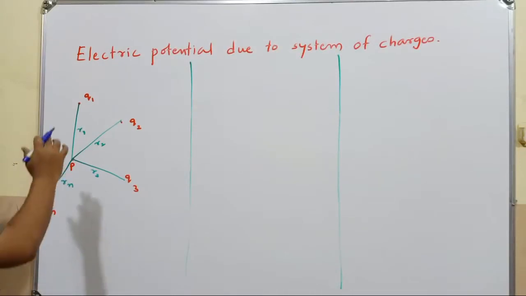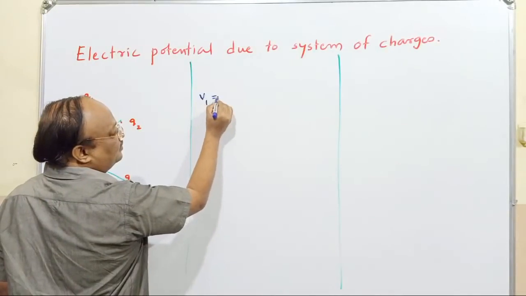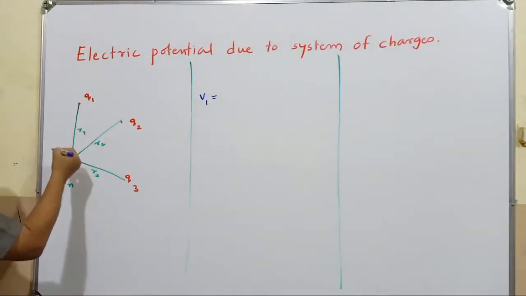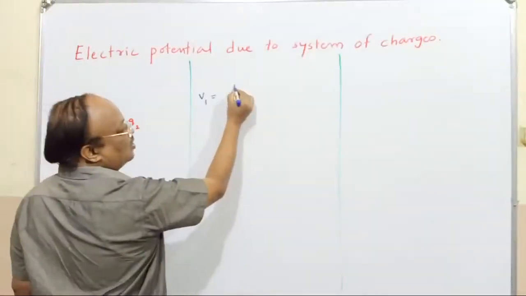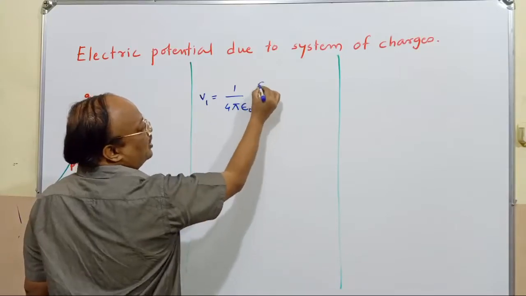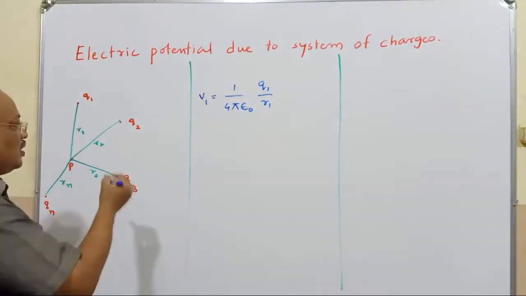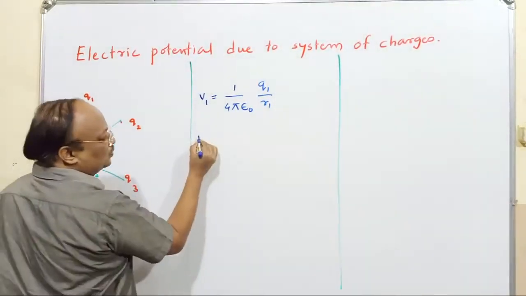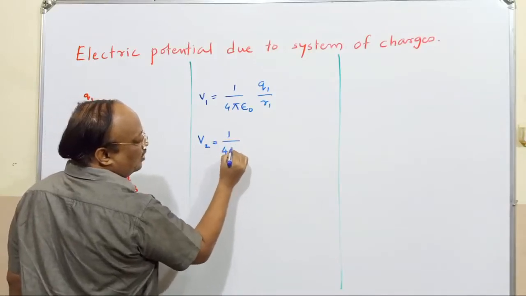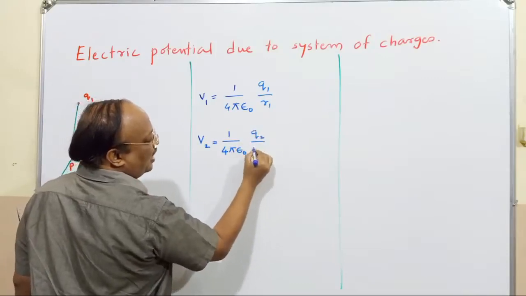So then, first, V1, potential due to this charge Q1, is 1 by 4 pi epsilon naught Q1 by R1. Because of Q2, what is the potential? 1 by 4 pi epsilon naught Q2 by R2.